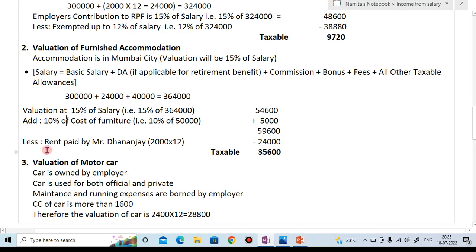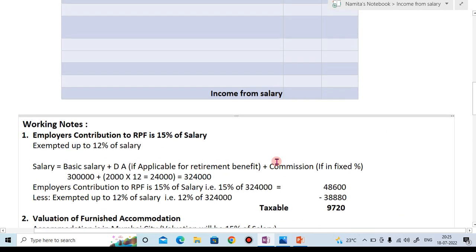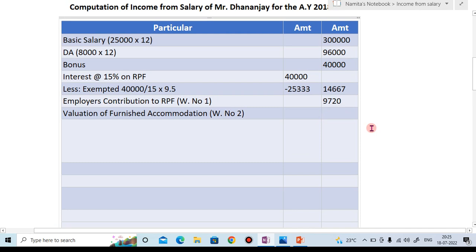So less rent paid by Mr. Dhananjay, that is 2,000 multiplied by 12, 24,000. So 59,600 minus 24,000, the remaining balance will be 35,600. So the taxable amount of this furnished accommodation is 35,600. So write here 35,600. Okay, the valuation of furnished accommodation.